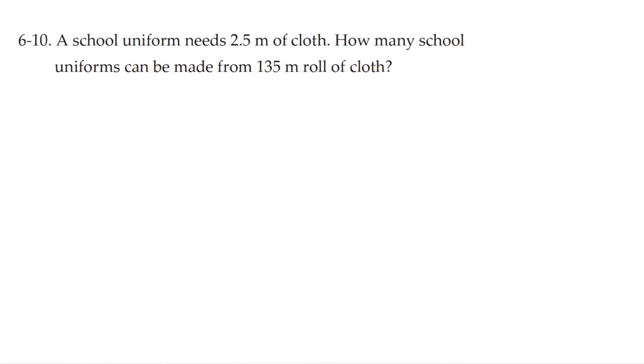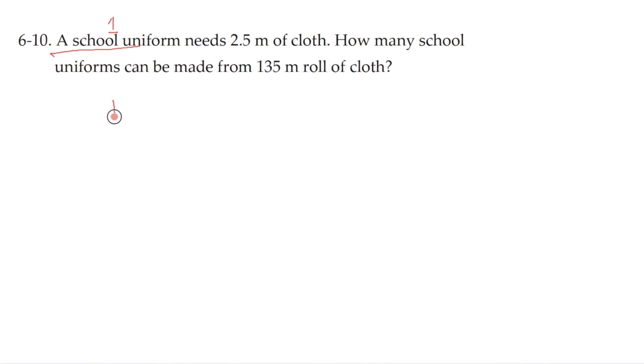Okay, let's move on to the second example. So, a school uniform needs 2.5 meters of cloth. How many uniforms can be made from 135 meters of roll of cloth? So, a school uniform, ibig sabihin, 1 lang yung tinutukoy natin dyan. So, in 1 school uniform daw, makakagamit tayo ng 2.5 meters of cloth.